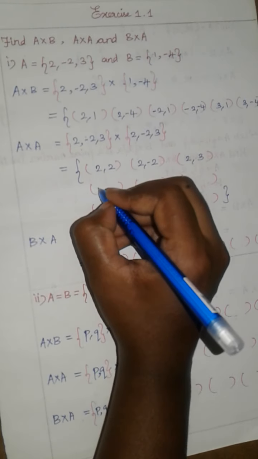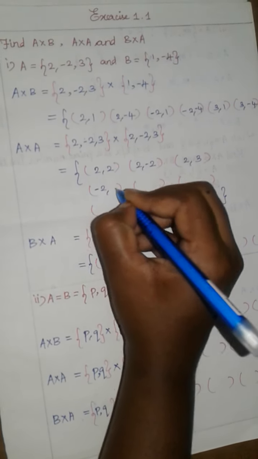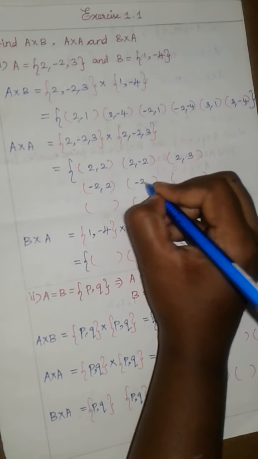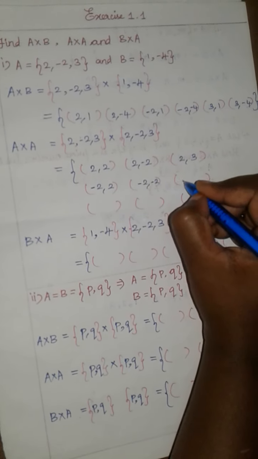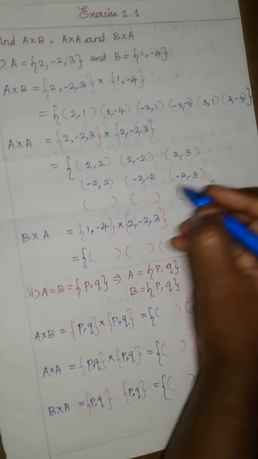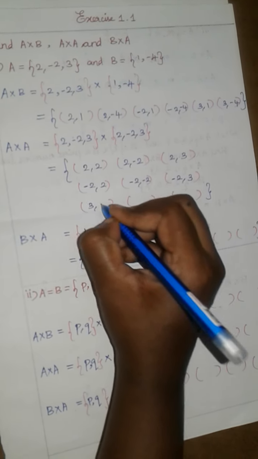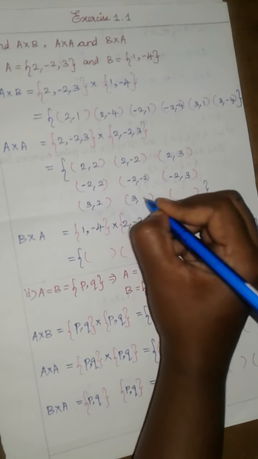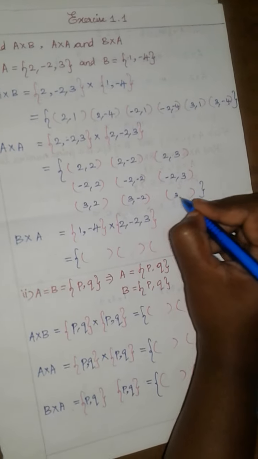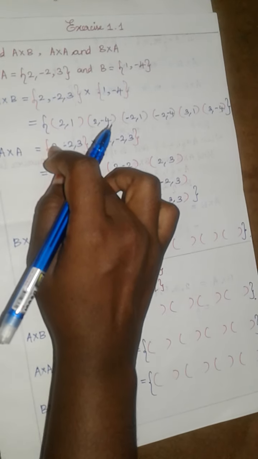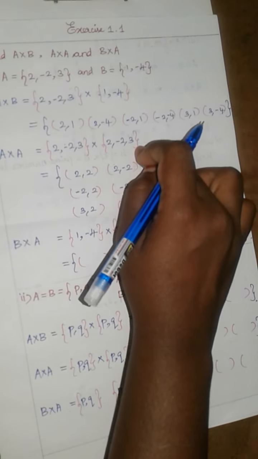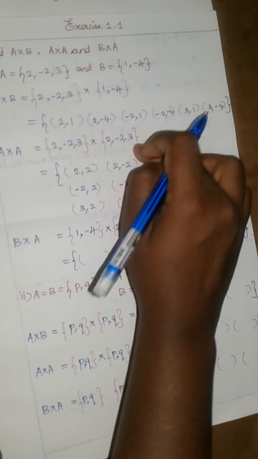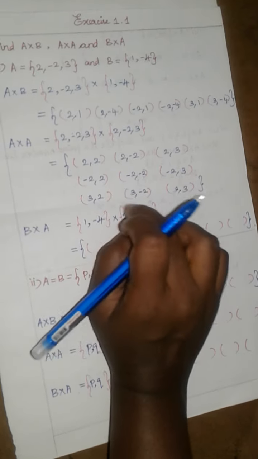Now (-2, 2), (-2, -2), then (-2, 3). Third one is (3, 2), (3, -2), (3, 3). This is relating 2 with the elements of A, -2 with the elements of A and 3 with the elements of A.